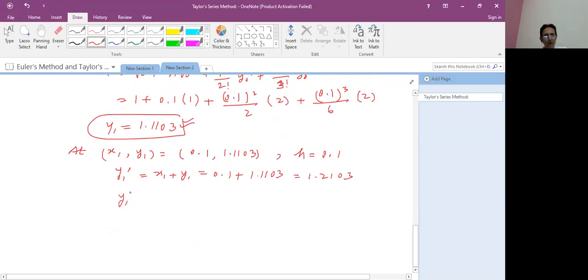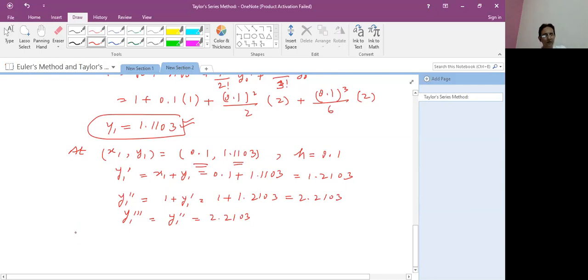Now y1 double prime is equal to 1 plus y1 prime. y1 prime we found is 1.2103. So 1 plus 1.2103 is equal to 2.2103. And the last value is y1 triple prime, which is equal to y1 double prime, so it is 2.2103. After finding the derivatives with the help of x1, y1, we will find the next value y2.